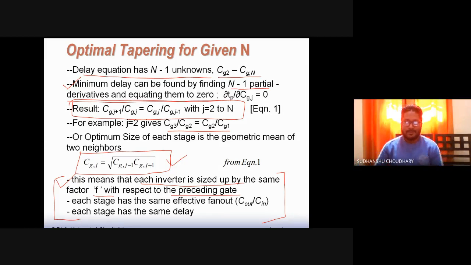One has to notice this point: each inverter will be sized up by the same factor F with respect to the preceding gate, and each stage will have the same effective fan out, that is C out by C in.